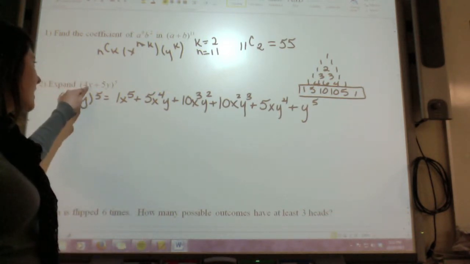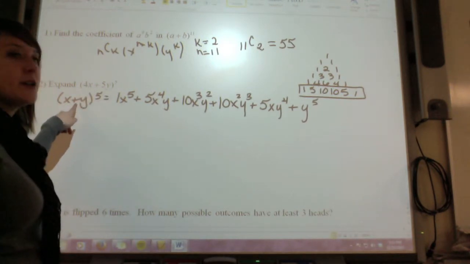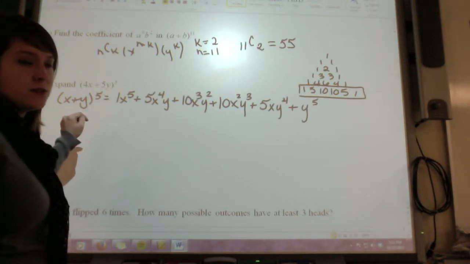I know that I should have a 4x in place of my x, and I should have a 5y in place of my y. So I'm just going to go through and substitute those values into this equation.